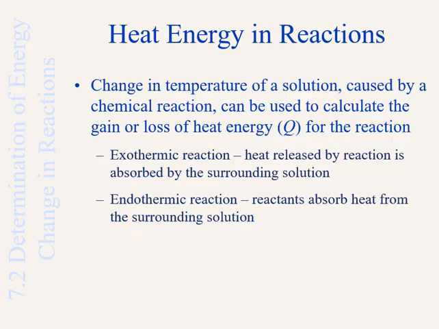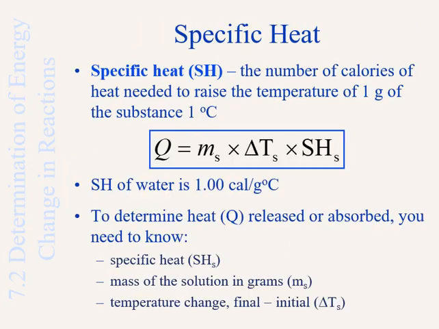So let's look at an example of this use of a coffee cup calorimeter in figuring out the change in heat. Now, in order for us to actually figure out the change in heat, we need this equation. Q here represents the heat involved, whether released or absorbed.